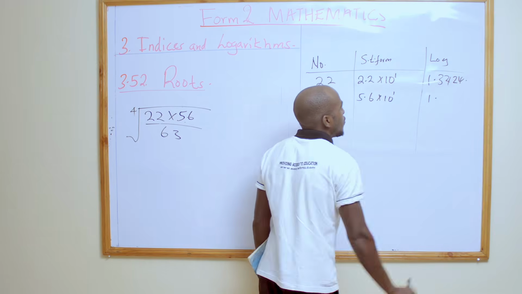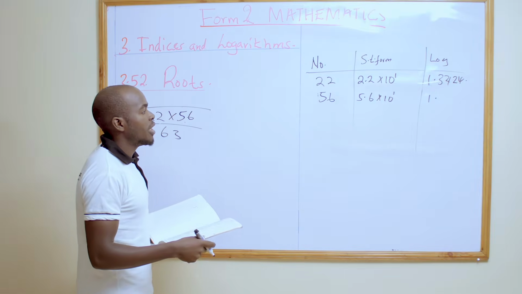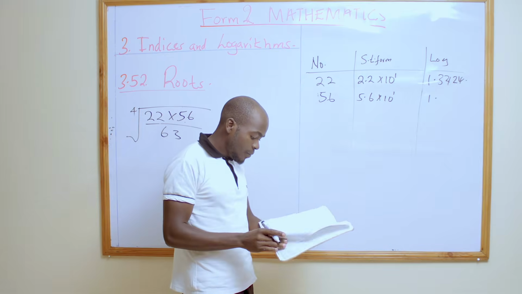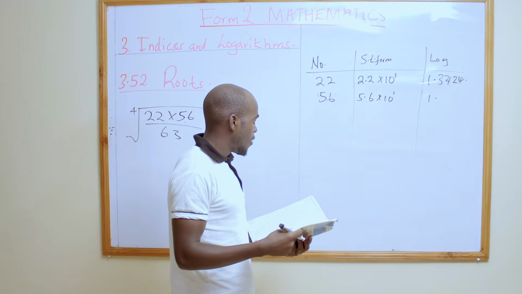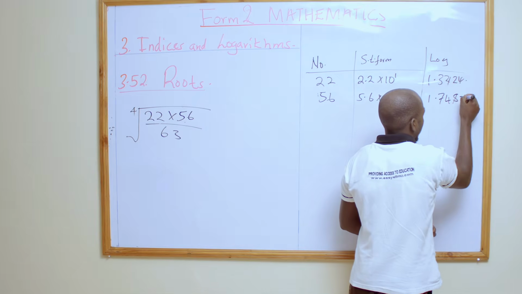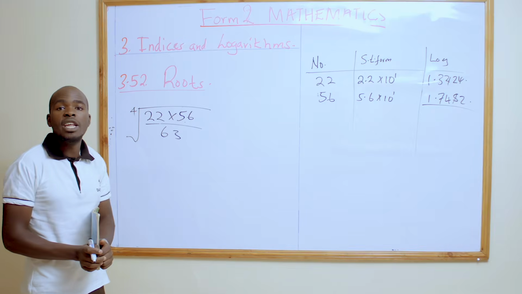And here we shall have 1 point. Then the mantissa part will be the logarithm to base 10 of 5.6. And we shall find for 5.6, 0.7482.